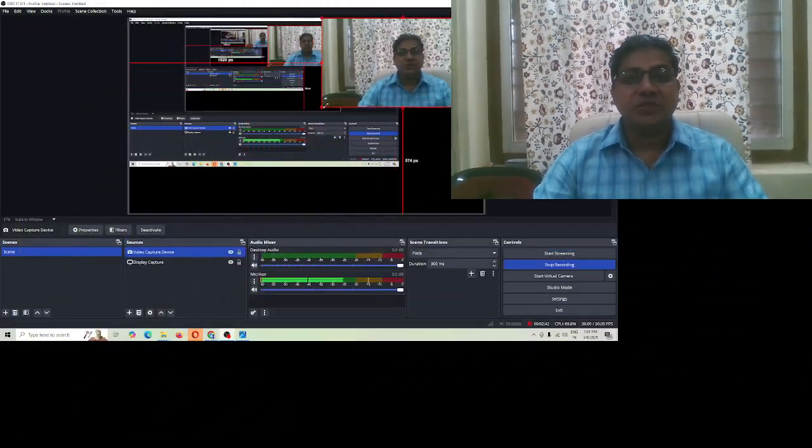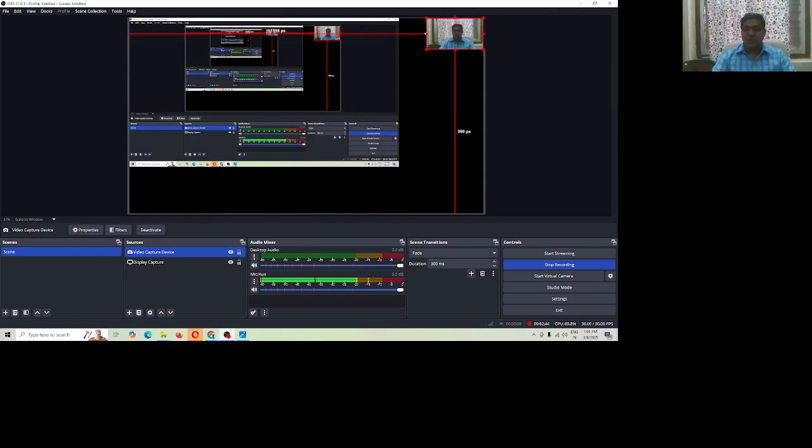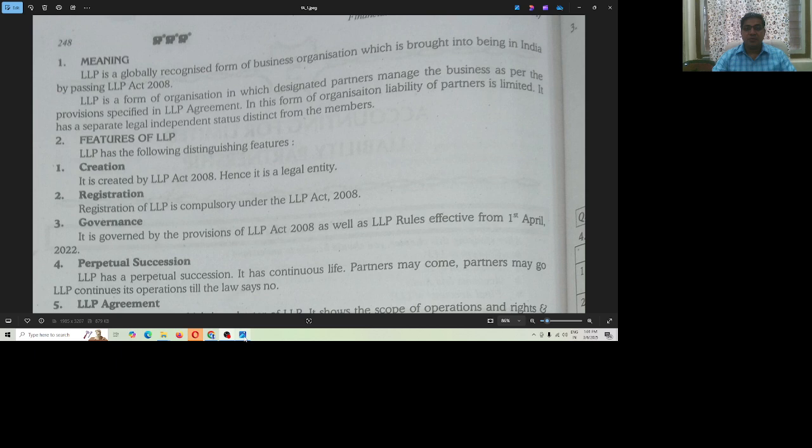Whenever we talk about the limited liability partnership form, we have to consider it as a globally recognized form of business organization, which was brought into being in India by passing the LLP Act 2008.